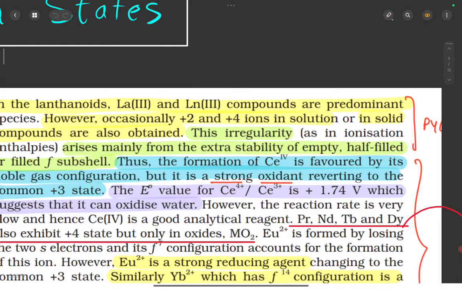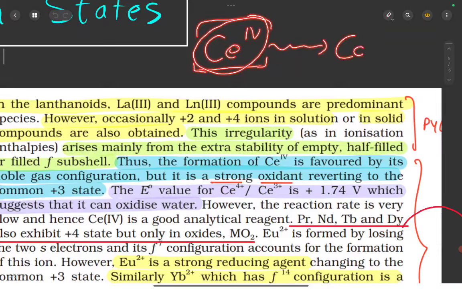But even though it has the noble gas configuration and has gotten very good stability, it is still an oxidizing agent, which means it still has a tendency to go back to its +3 oxidation state. And it's not like this reaction is weak. Cerium is not confused.